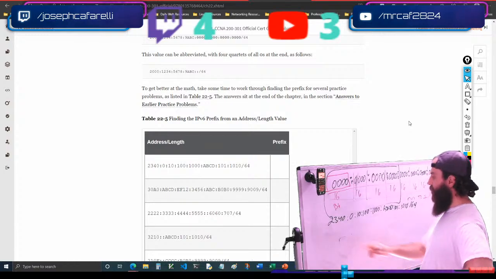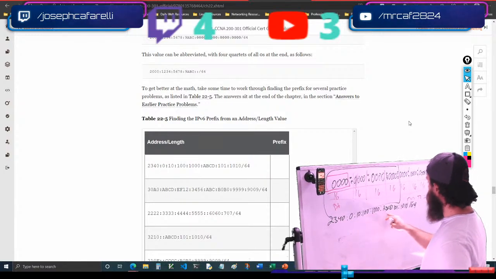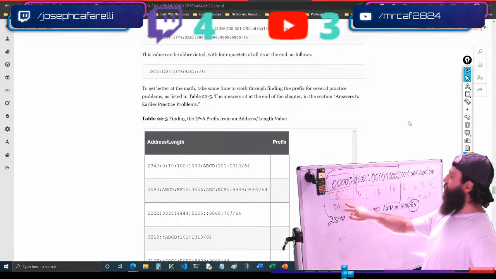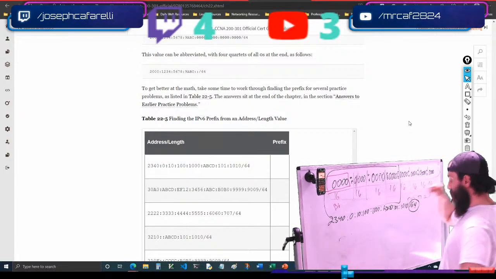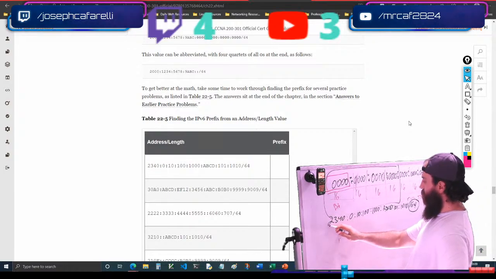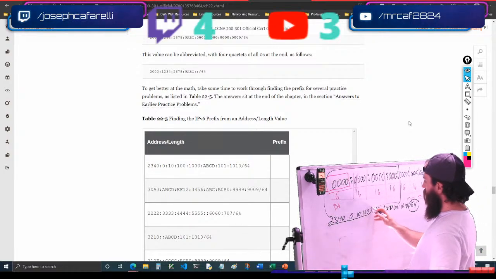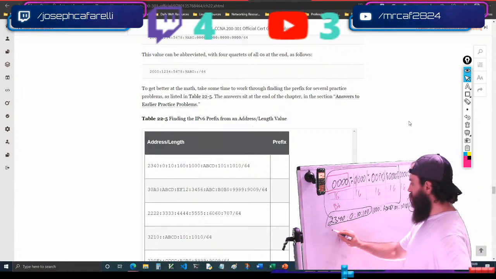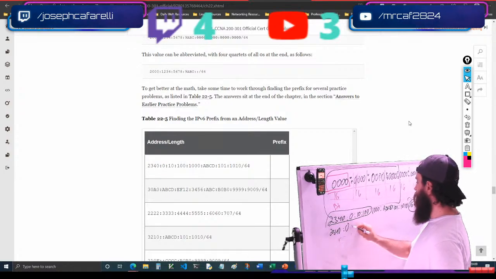All right, so we have 1, 2, 3, 4, 5, 6, 7, 8 quartets. Okay, we have the slash notation, the prefix of 64. All right, again, 64 gets us 1, 2, 3, 4. 4 times 16 is 64. So the first 4 are quartets here. So this would be abbreviated to 23, 0, 10, 100.